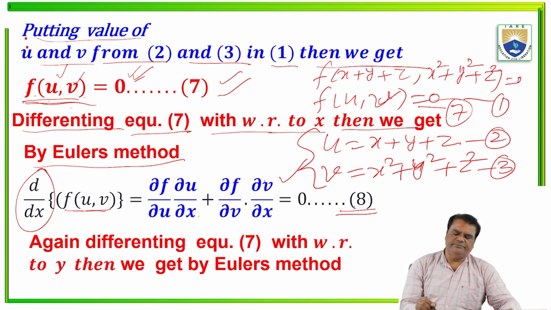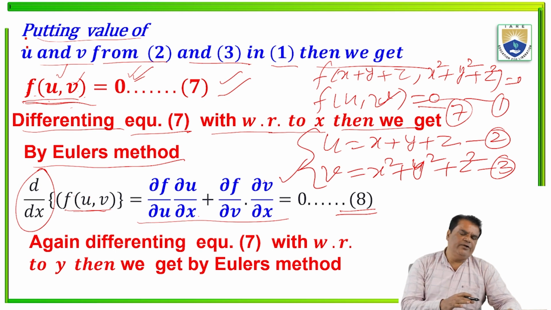This is equation 8. This is a very famous formula. Here two variables, u and v, are in our function and we want to differentiate with respect to x. So first we differentiate this function with respect to u, and differentiate u with respect to x partially.